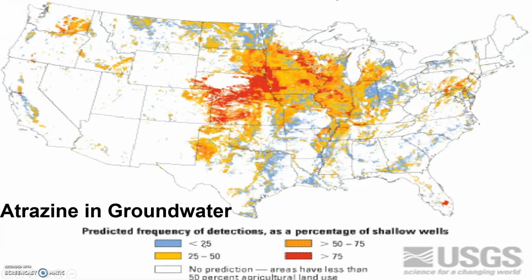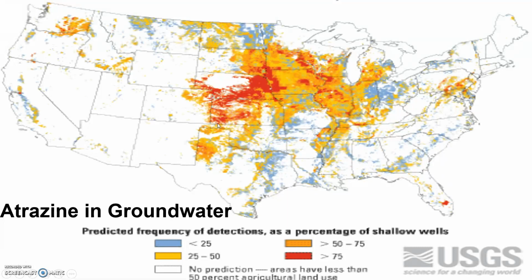Less than 25, 25 to 50, 50 to 75, and greater than 75. And this pertains to areas that have less than 50% agricultural use, which are the white shaded areas. So it's depicting shallow wells and where they have actually detected atrazine contamination in the groundwater.